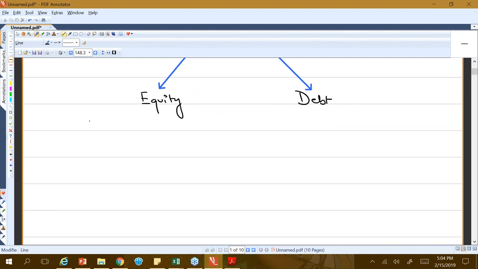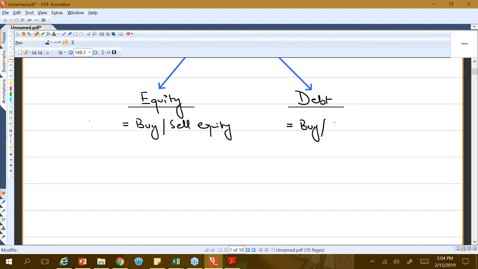Now, in terms of the equity valuation and the debt valuation, the first thing that we need to understand is why are we interested in valuing equity, or why are we interested in valuing debt? Well, we're interested in them because we are going to buy or sell equity. So to buy or sell the equity, or to buy and sell the debt, what we need here is their market prices.